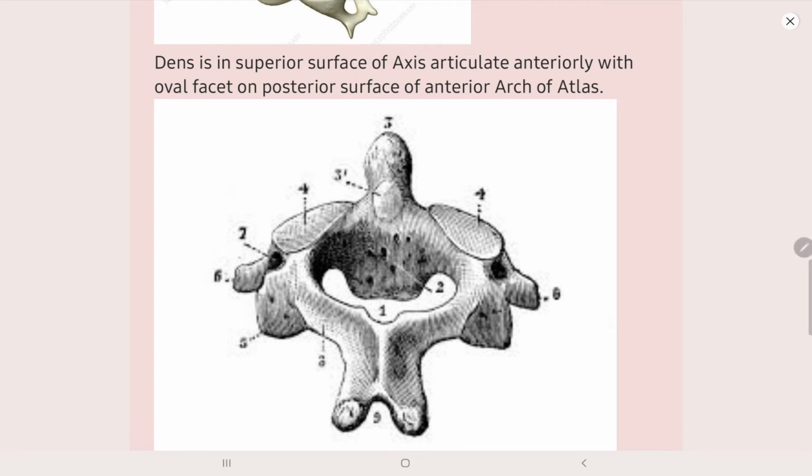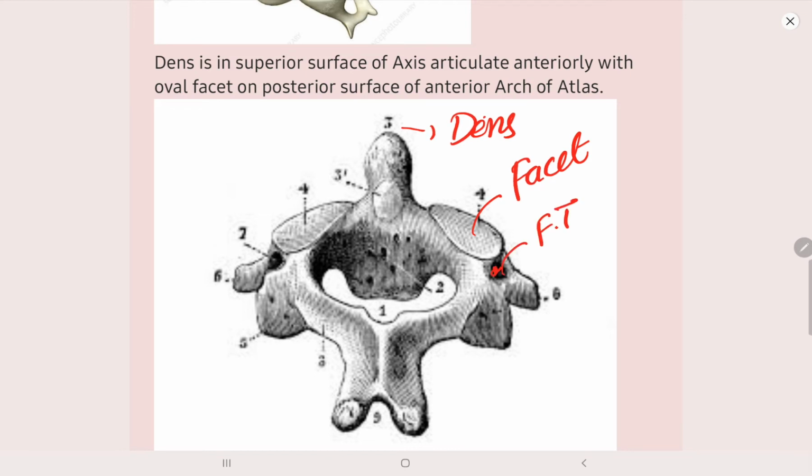So I will show you each and every part of the axis. This part is called the dens of the axis. This is the superior articular facet. Then we can see the foramen transversarium area here.